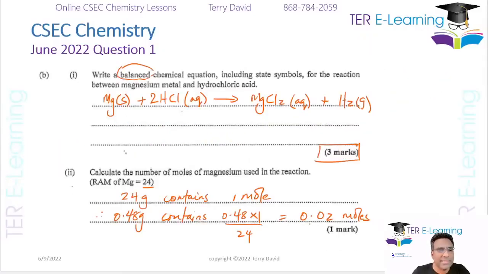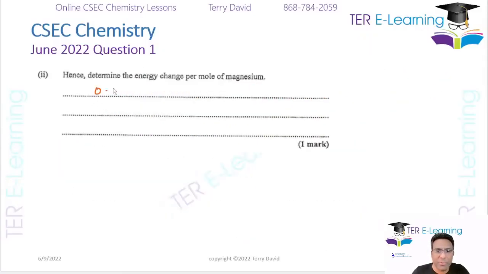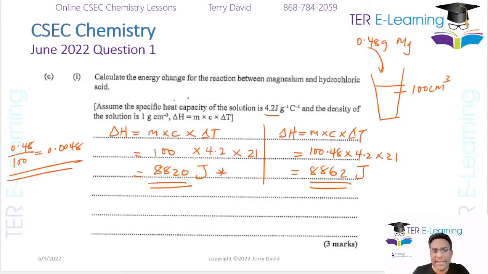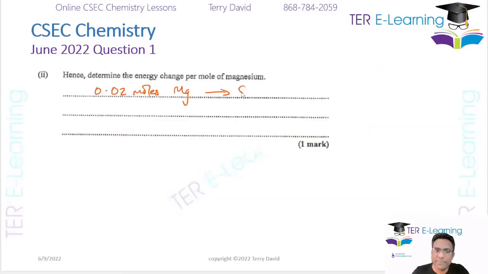So all you guys had to do here was say 0.02 moles Mg gives us an energy change of 8820. Therefore, 1 mole of magnesium is going to give me an energy change of 8820 over 0.02.